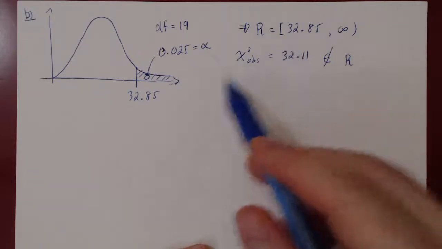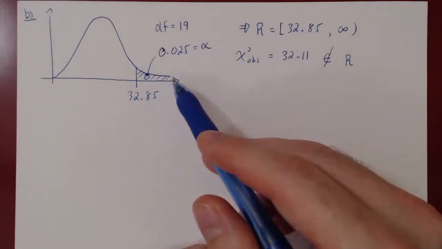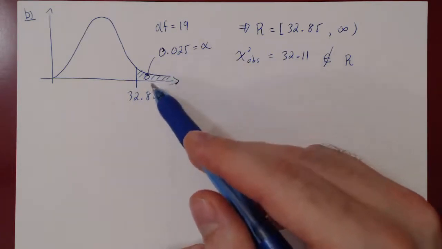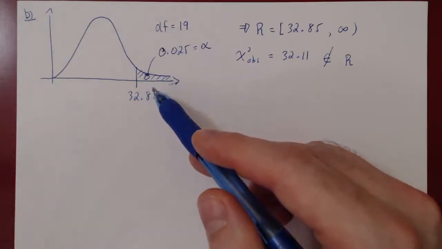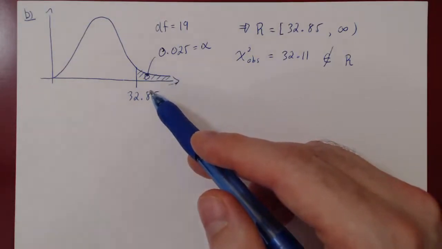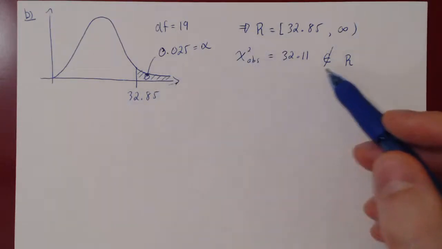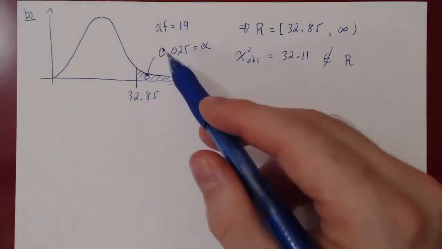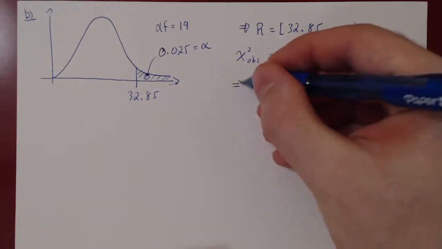If we observed a value of chi-squared inside this interval, the odds of this happening are 2.5% or smaller, so it's really unlikely, and we would reject H0. Well, our observed chi-squared is actually not in the rejection region, so it is more than 2.5% likely, and so we end up not rejecting H0, therefore accepting H0.